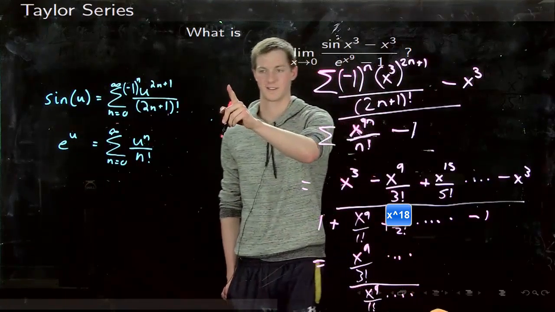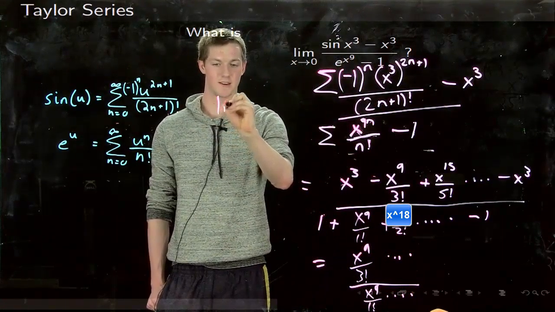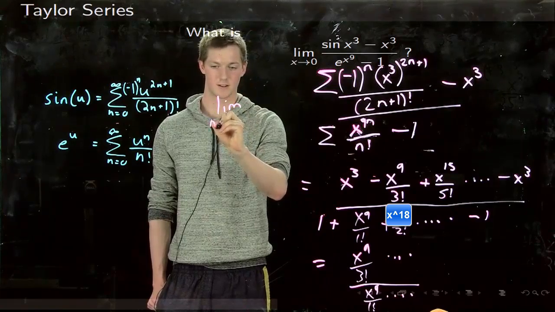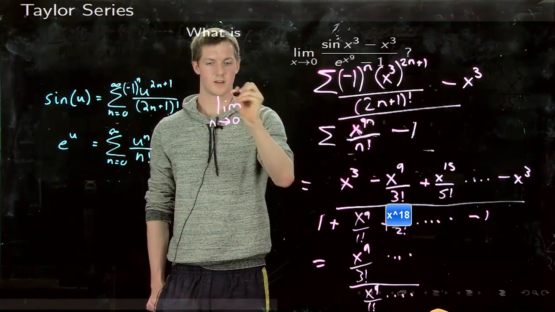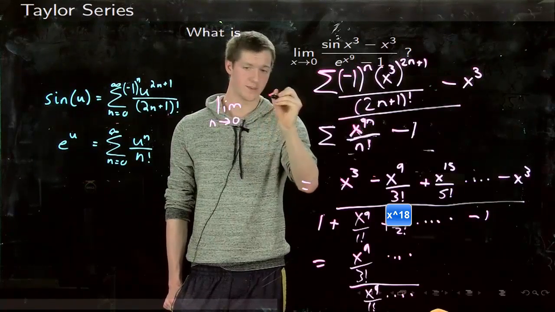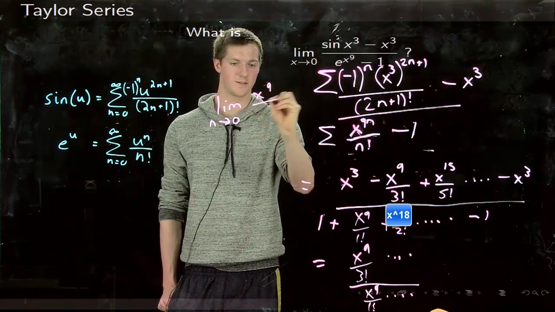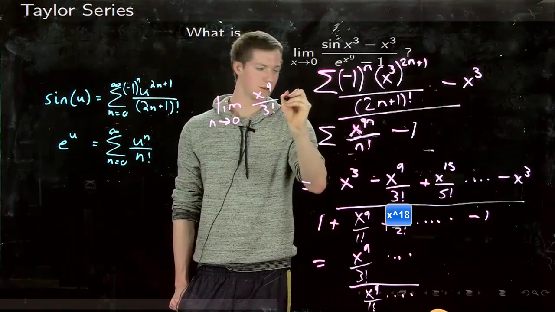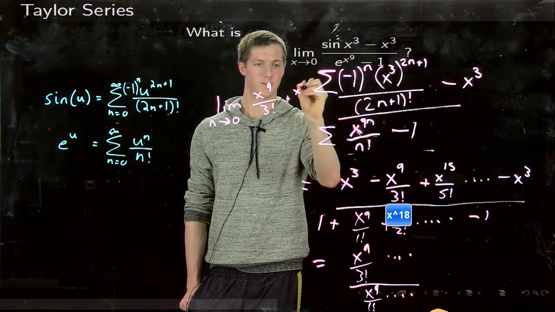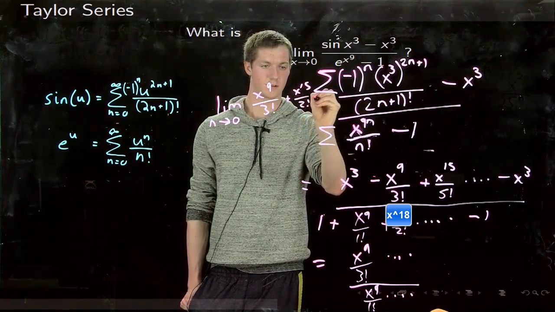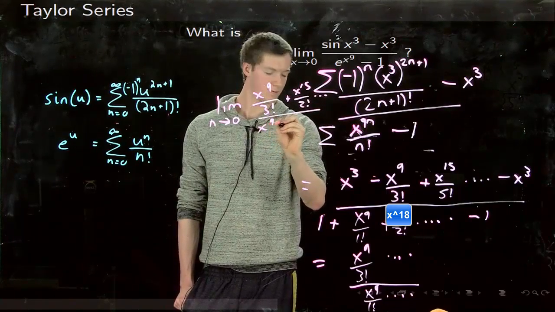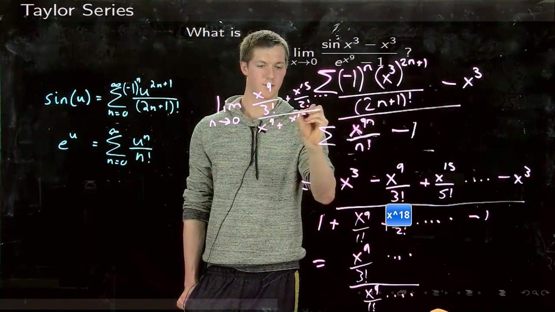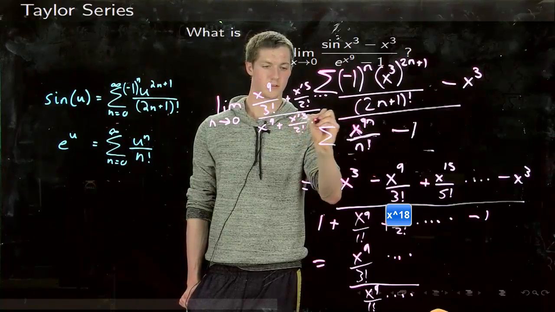So then we take the limit as x goes to 0 of x to the 9 over 3 factorial plus x to the 15 over 2 factorial all over x to the 9 plus x to the 15 over 2 factorial, and so on.